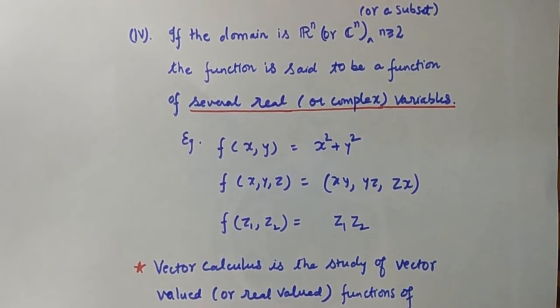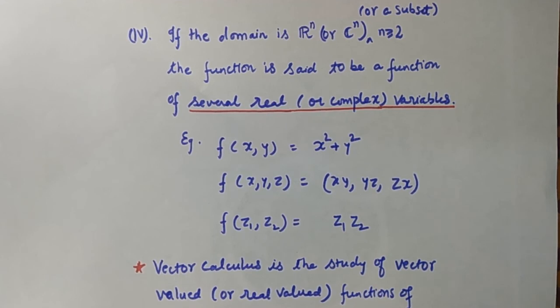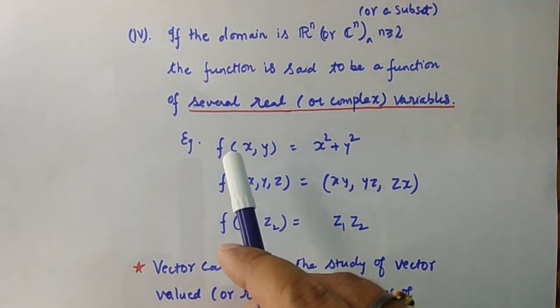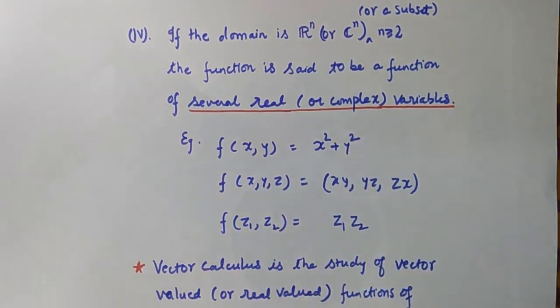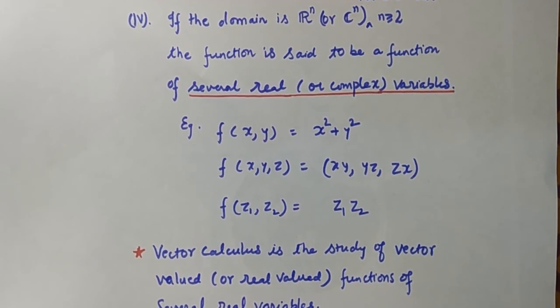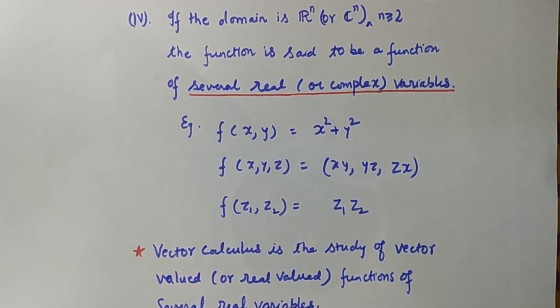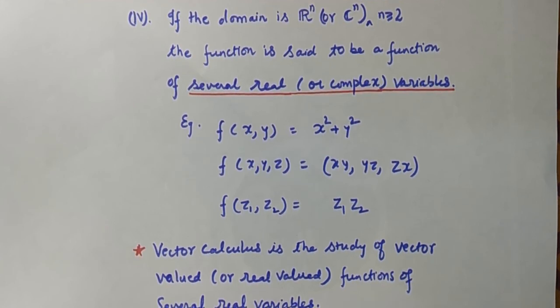If the domain of the function is Rn or Cn, n greater than or equal to 2, or a subset of Rn or Cn, the function is said to be a function of several real or complex variables depending upon the case. For example, consider the function f(x, y) equal to x square plus y square. So this is an example of a function of several real variables.